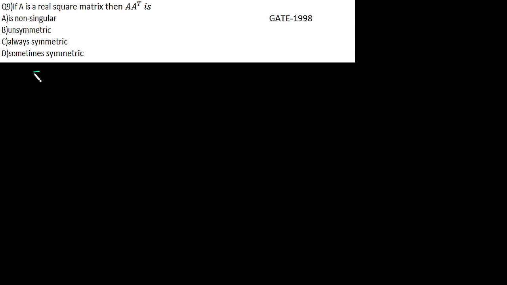Here I am assuming 2 cross 2, and let's call its entries A, B, C, and D, because it is easier to do multiplication with this 2 cross 2 matrix. Now I have to take the transpose because I have to multiply this matrix with its transpose, and it is given that A is a real square matrix. So we have chosen a square matrix and all entries are real.